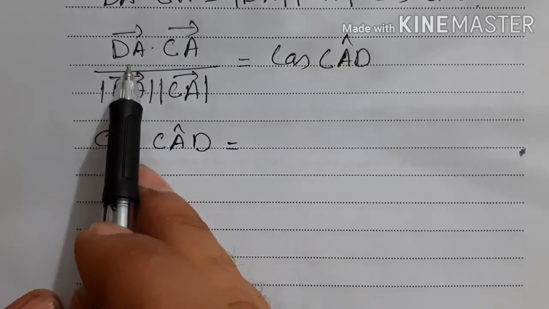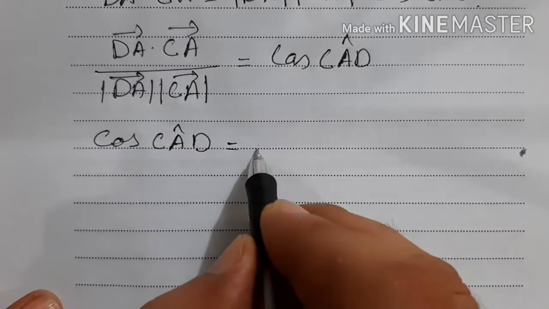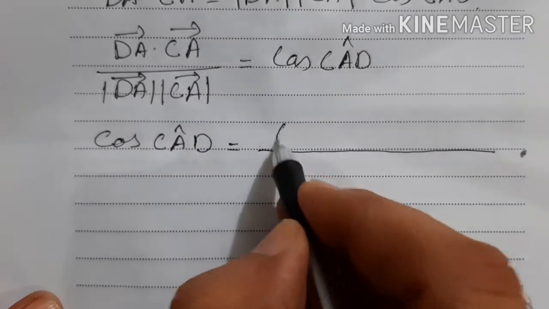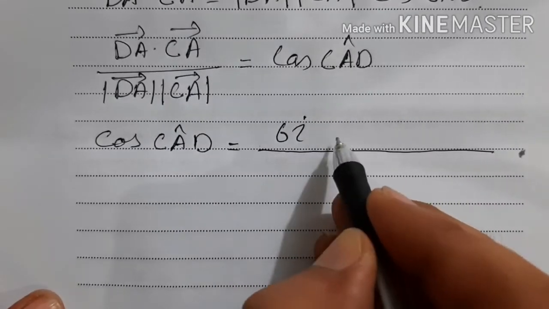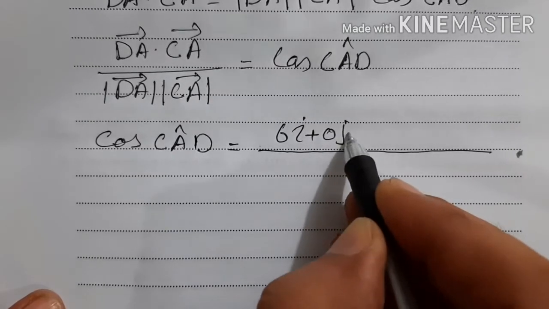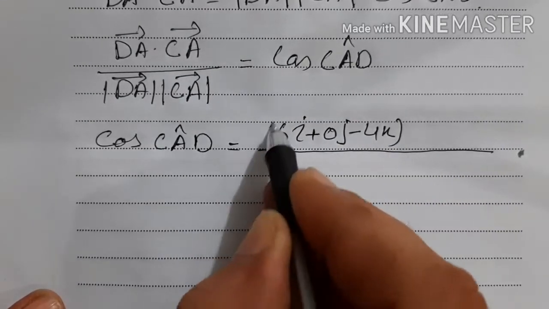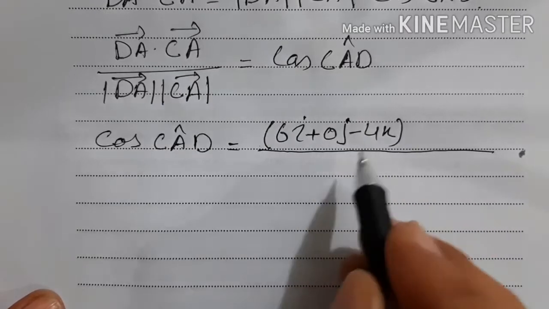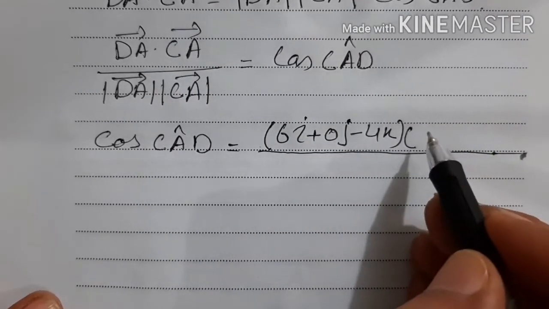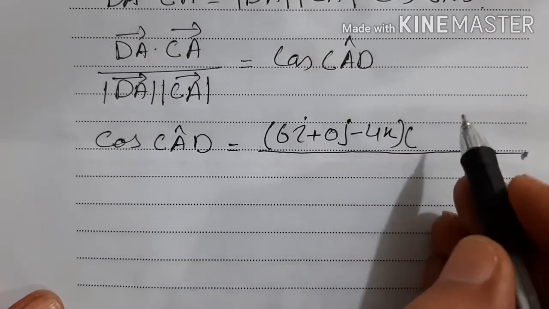What is the DA vector from the previous part? DA is 6i minus 4k, so I'll write it as 6i plus 0j minus 4k, because for our convenience we need j for the multiplication. That's why I put 0j.